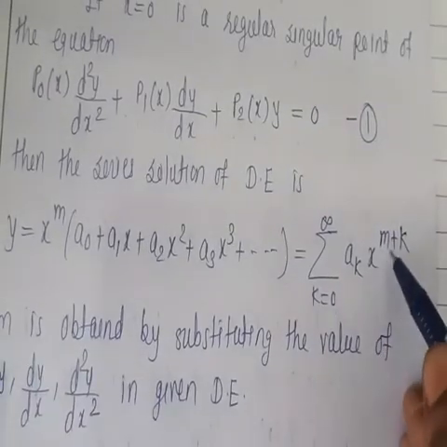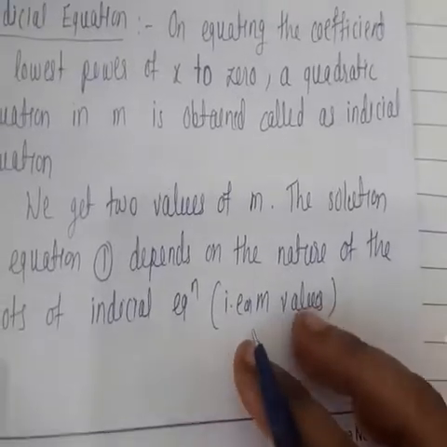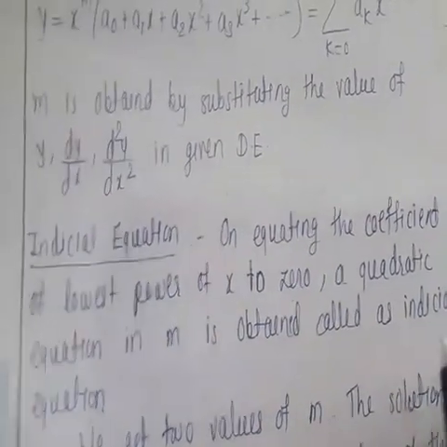Then we get one equation in terms of m, and that equation is called the indicial equation. After getting the indicial equation we will get two values of m. So those two values of m have a total of 4 cases.